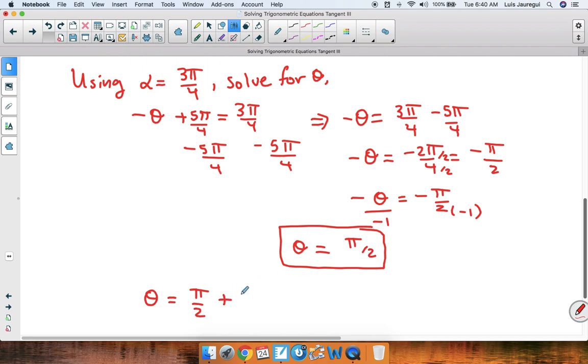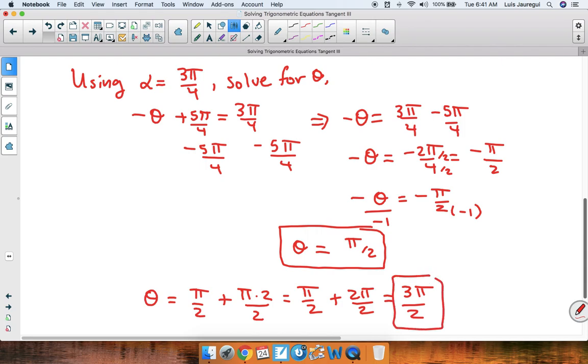The period for this function we said previously was pi. So let me change that pi into pi times 2 over 2 to get the same denominator. So we end up with pi over 2 plus 2 pi over 2, which gives you 3 pi over 2. And that's another angle that is between 0 and 2 pi.